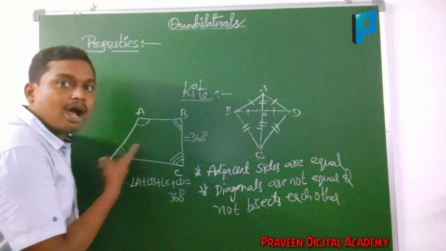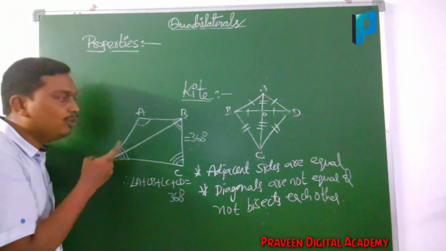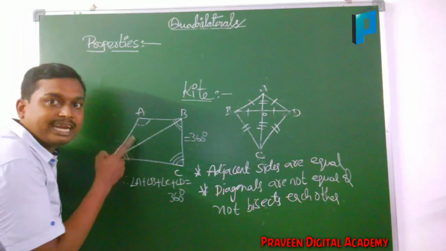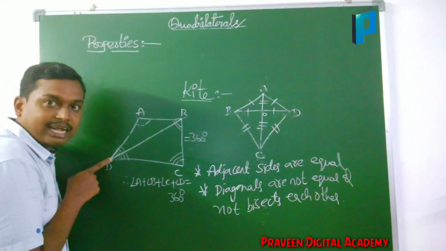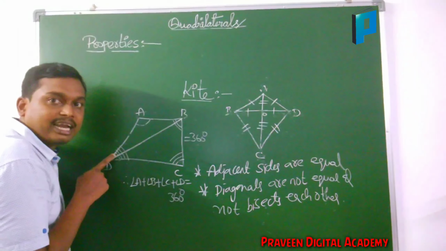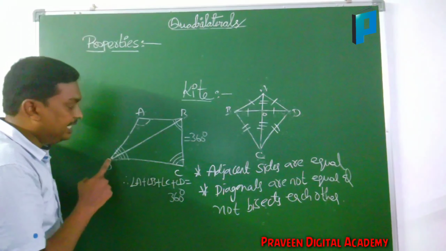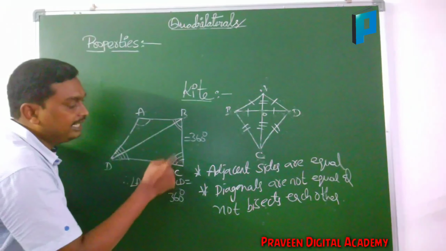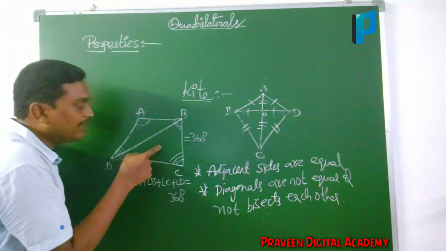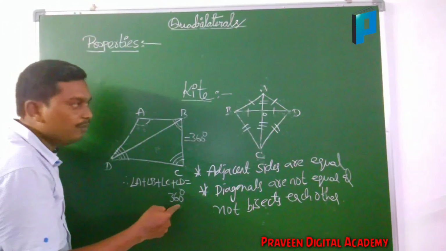How are we saying this? If you draw one diagonal here, how many triangles can we see? ABD is one triangle. The sum of interior angles of a triangle is 180 degrees. And CDB is also a triangle. Here also the sum of three interior angles is 180. Here 180, here 180. 180 plus 180, how much? 360 we will get.